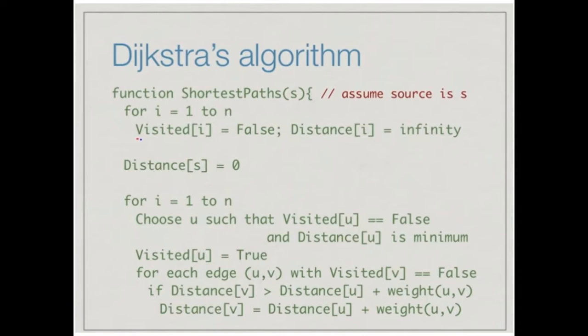That can be easily computed with the help of the cost. After that, we will mark that particular neighbor as true. That is, this has been visited and the cost has already been calculated.